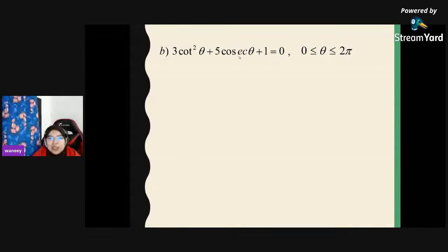But this is cotangent and this is cosecant, so I cannot factorize them. If I use y equal to cosecant, then this thing is not cosecant, so I cannot factorize. That means we should modify this a little bit until we have something that can be factorized.